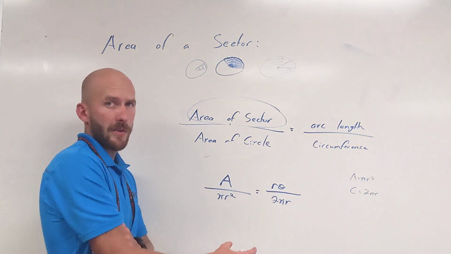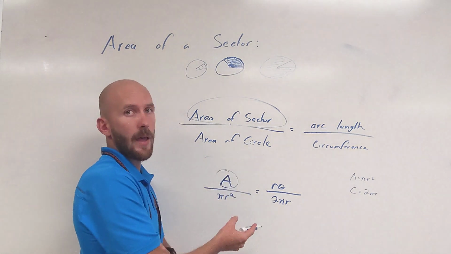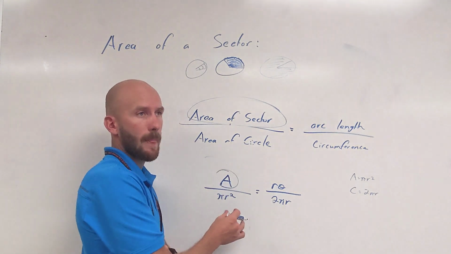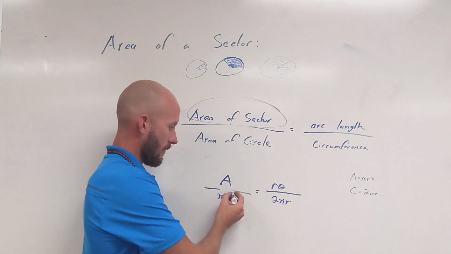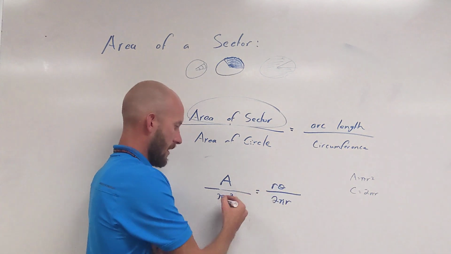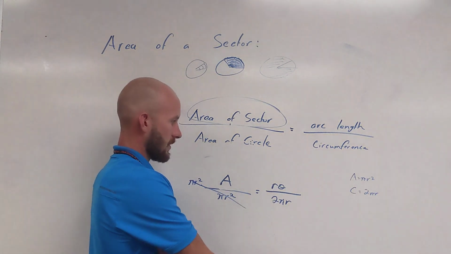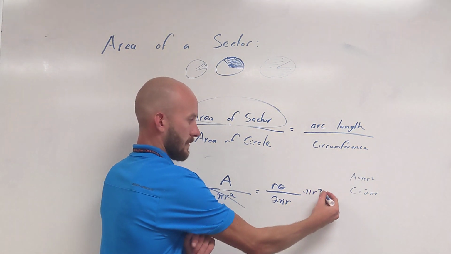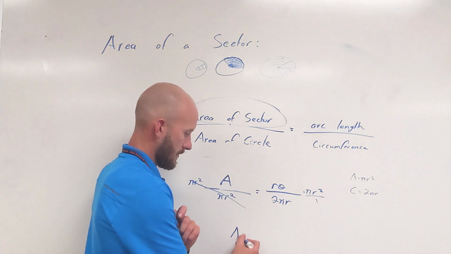This is basically all the setup that we need. I'm just trying to solve for A, which is going to be the area of a sector. So if I want to get A by itself, multiply both sides by pi r squared. So that'll cancel out. And then to multiply, we'll just multiply straight across.